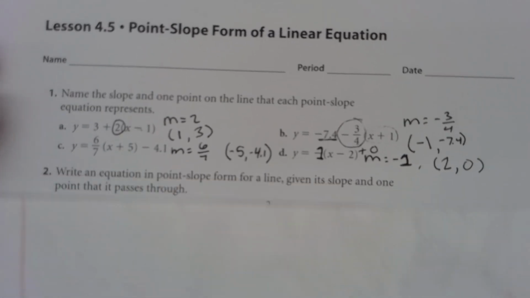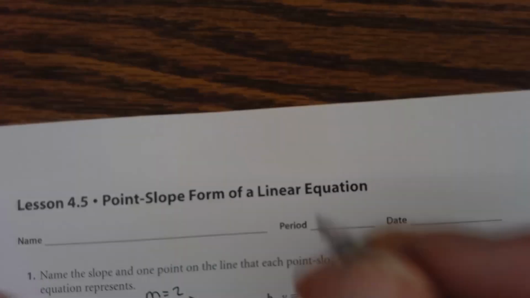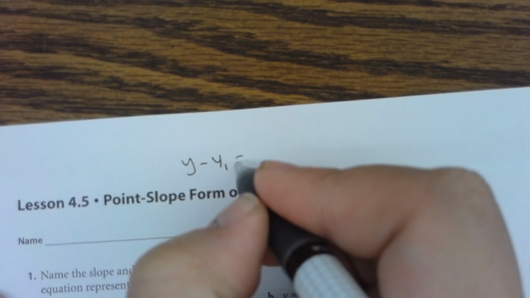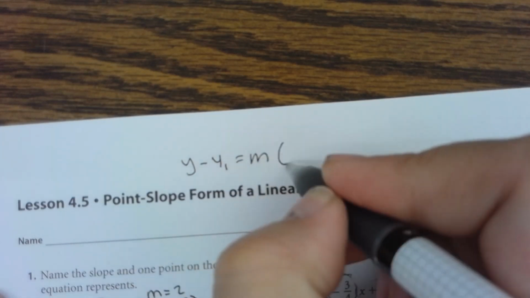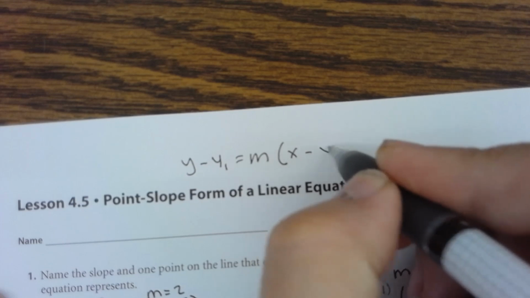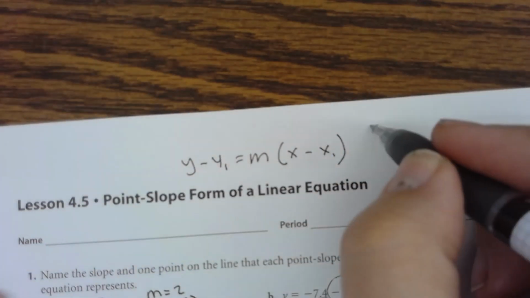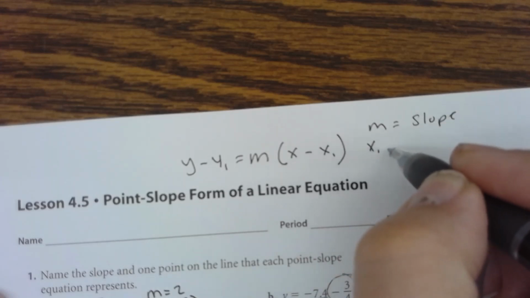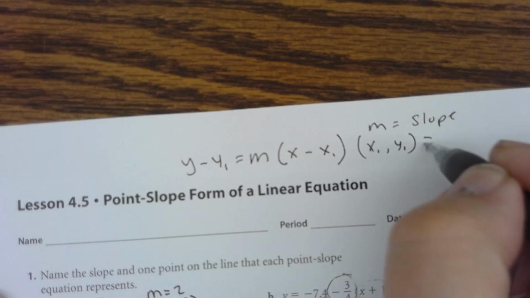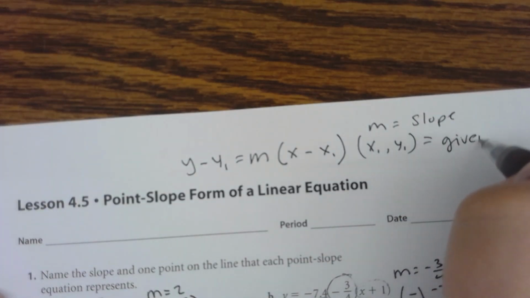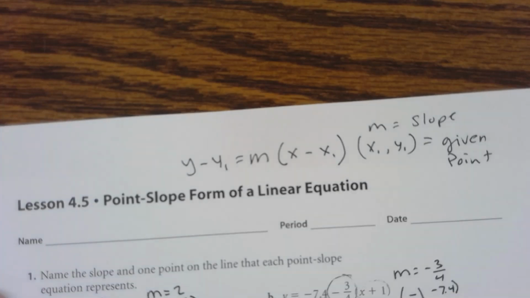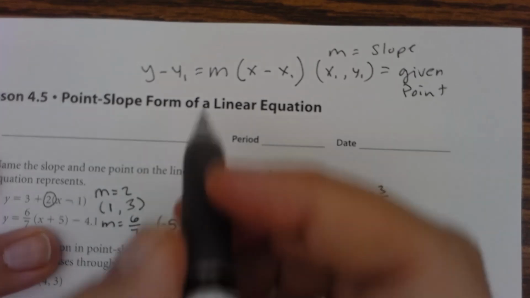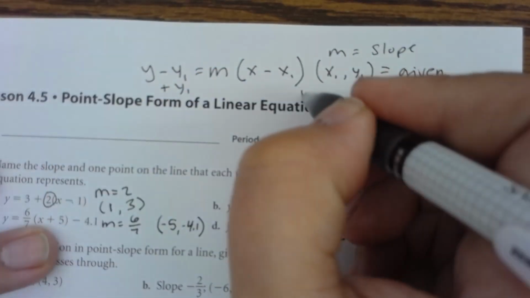Okay, so we're looking at point slope form, and the one we wrote in your notes should have looked like this, where m is slope and x1, y1 is the point, and this y1 can simply be added to the back.